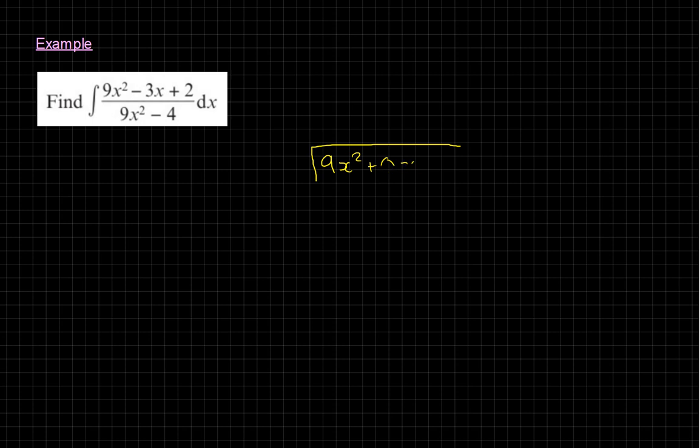Yeah, let's go back. No, that was fine. And then I'm going to divide by 9x squared minus 4. In this case, 1 on the top. So I've got 9x squared minus 4. Find the difference. The first line minus the bottom line, I end up with 0 minus 3x, and then the 2 minus the minus 4 gives me plus 6.